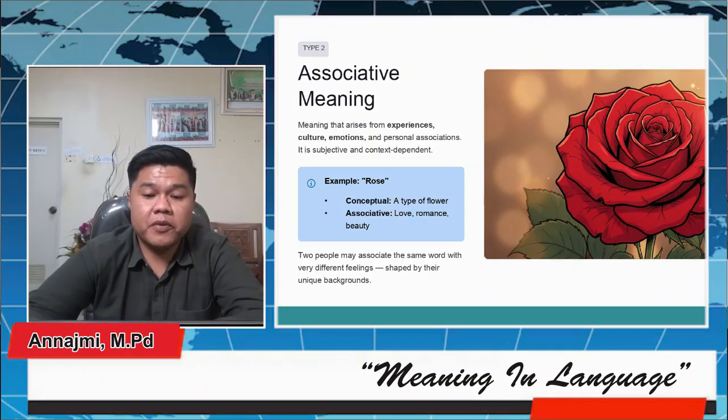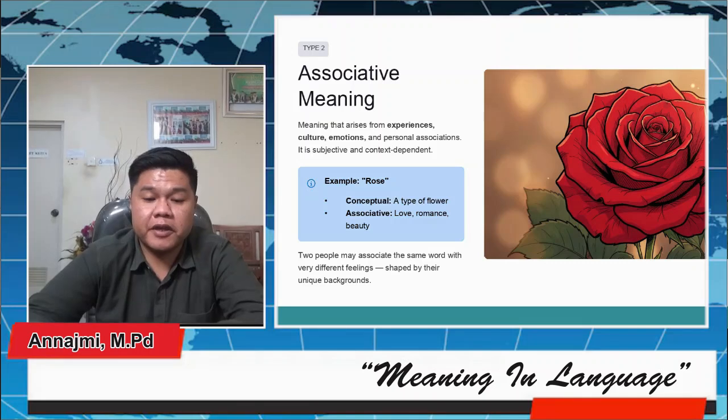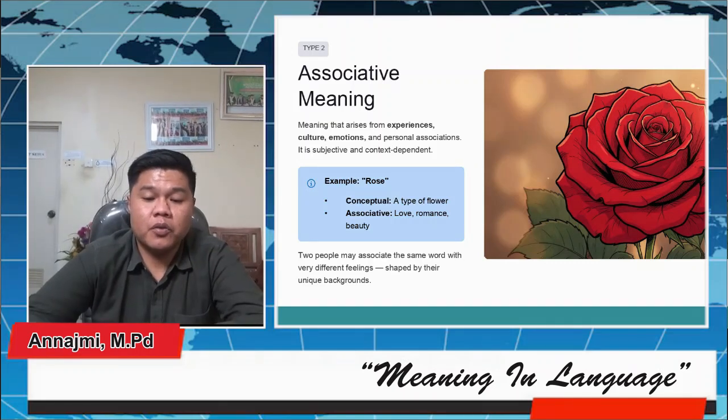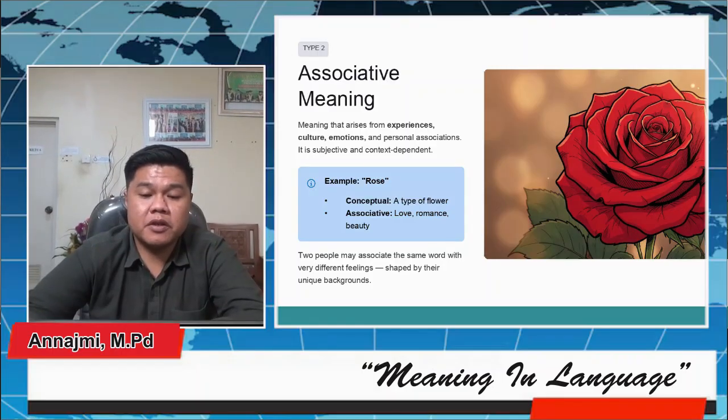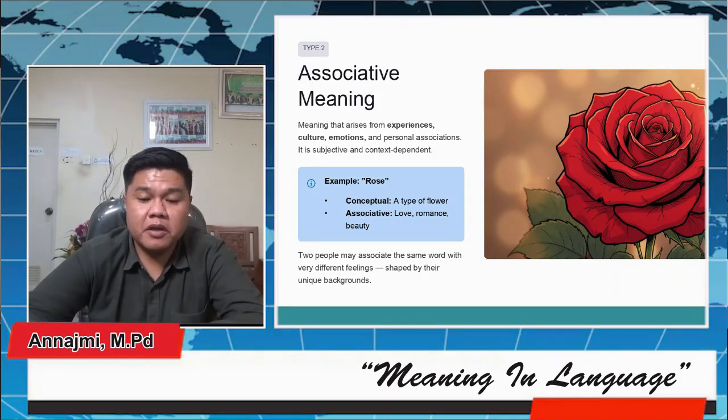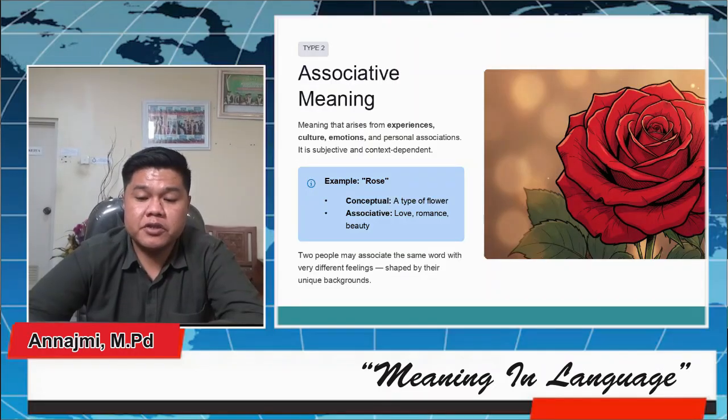Interestingly, different people may associate the same word with different feelings. Someone may associate the word home with comfort and happiness, while another person may associate it with loneliness or difficult memories. Therefore, associative meaning demonstrates how human experiences shape the interpretation of language.